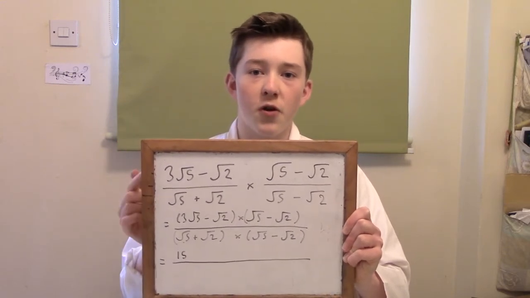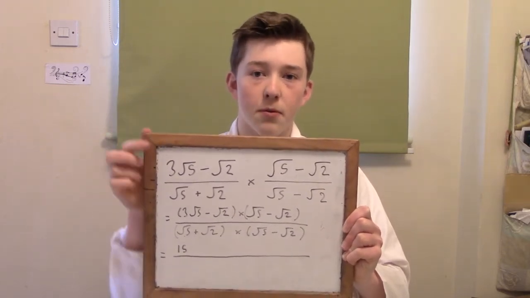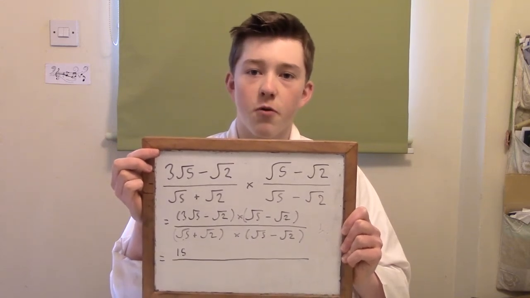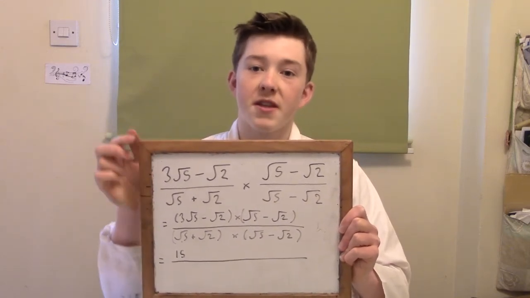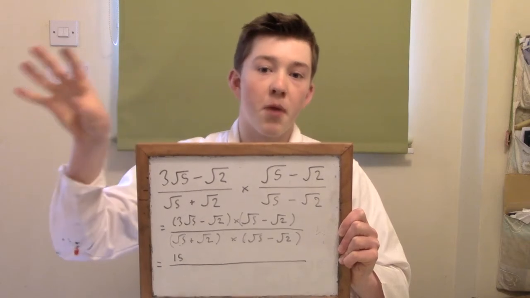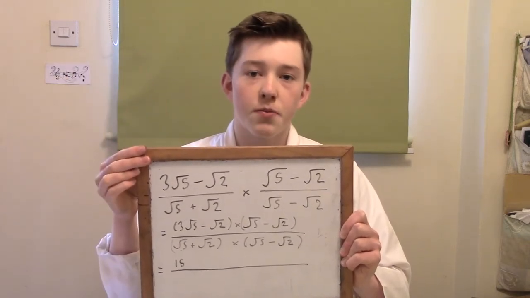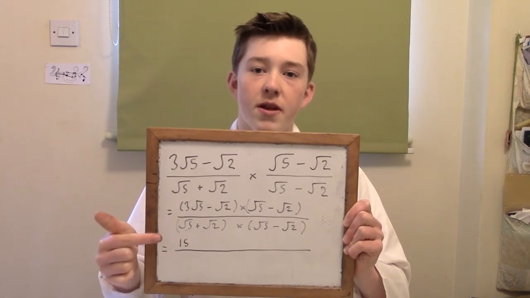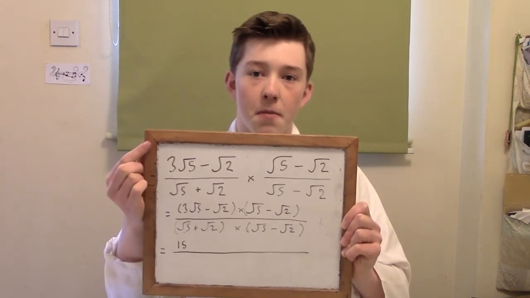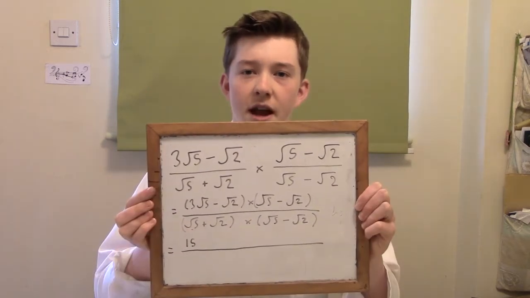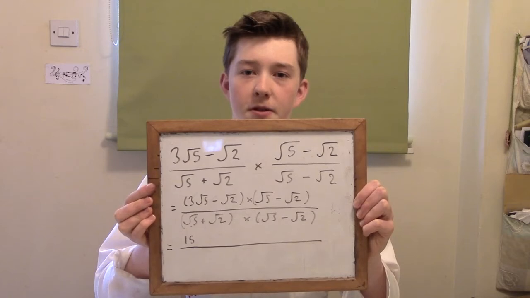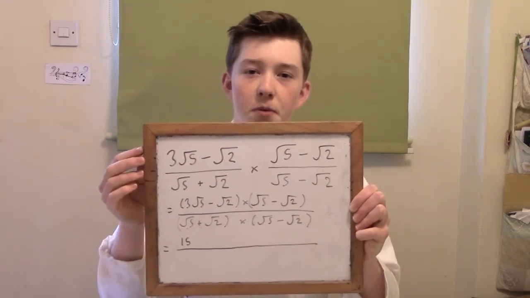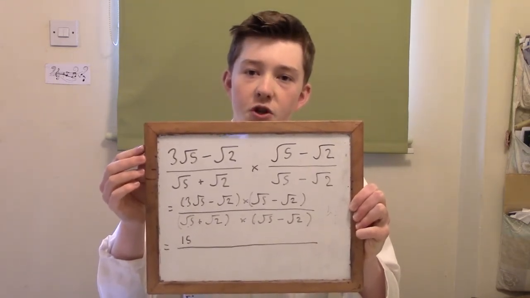When multiplying the first numbers together in this example, we're multiplying 3 root 5 by root 5. You'll notice there we're multiplying root 5 by root 5, which makes 5. We then times that by the 3 and we get 15 as our first number on the numerator. Next, we'll do the outside numbers. In this example, we've got 3 root 5 multiplied by minus root 2.